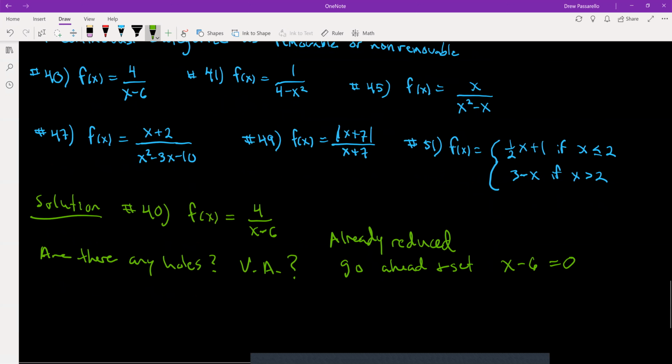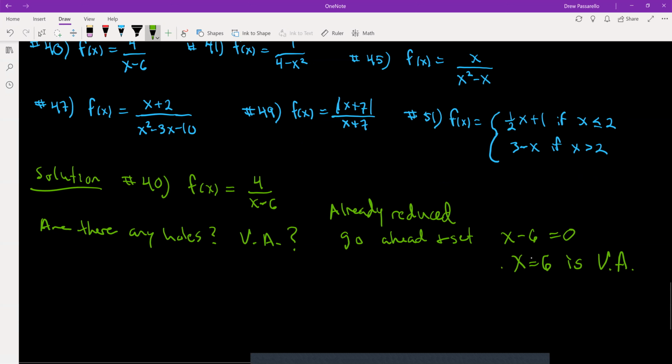That's x equals 6. That's a vertical asymptote. Since it's a vertical asymptote, that means it's a non-removable discontinuity.